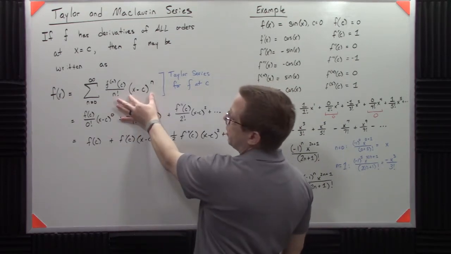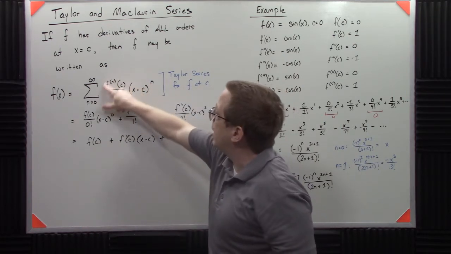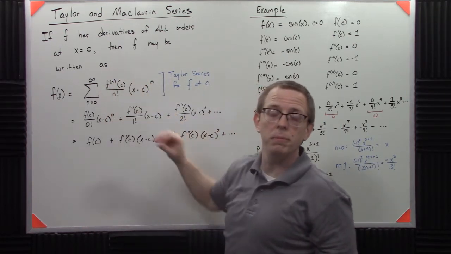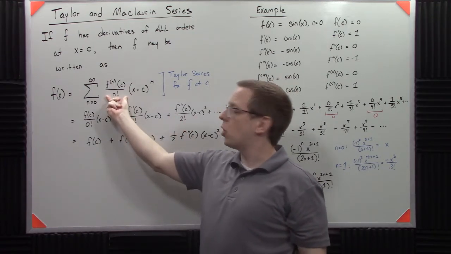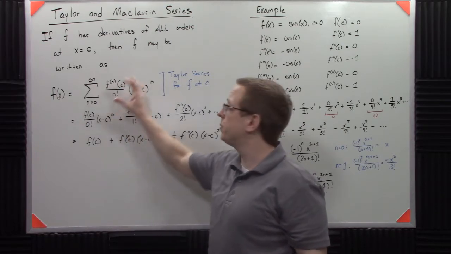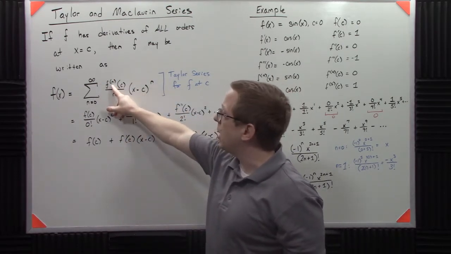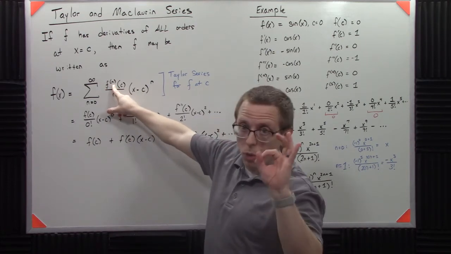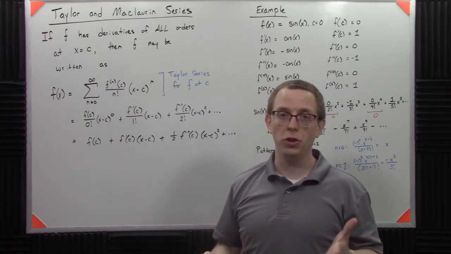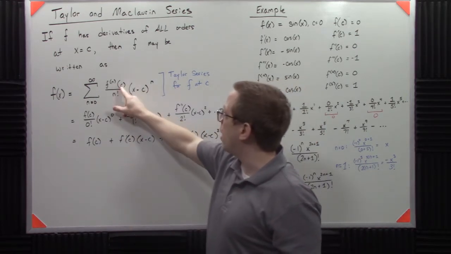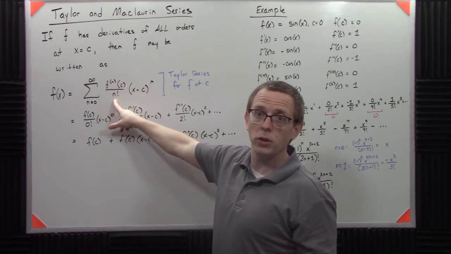And it's a power series because it's x minus the center to a power, and then that a sub n, that little coefficient, is determined by this exact formula. For the 0th term, you take the 0th derivative of the function, which just means you don't take the derivative, and you evaluate it at the center point, and then you divide it by 0 factorial.